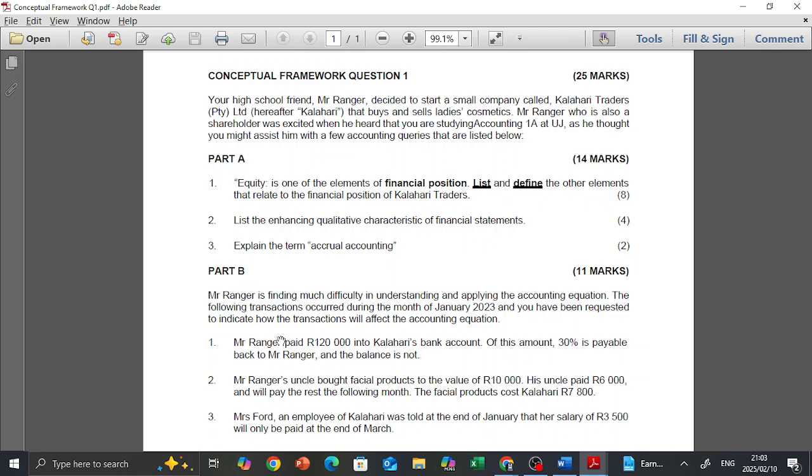Musa said assets minus liabilities equals equity. If you do mathematics, that is correct, but please forget about that one. Just make sure you stick to assets equals liabilities plus equity. Is that okay? Please hit me with a thumbs up, guys.